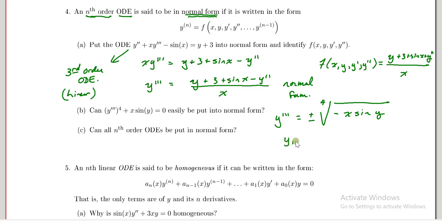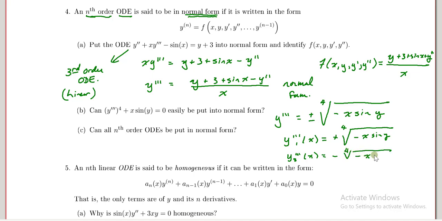And so we could rewrite this as y triple prime 1 of x is equal to plus the fourth root of negative x sine y, and y triple prime 2 of x. So we break it up into two separate functions.